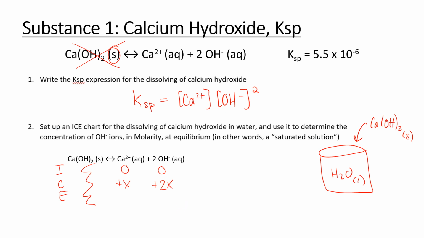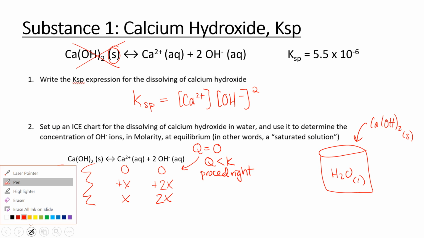And if you think about predicting the direction of change, notice how initially, if we calculate our Q value by plugging these 2 values into our K expression, our Q is 0, and that means Q is less than K, therefore the reaction is going to proceed right and make more products. So I know that this is going to be a positive value. And then equilibrium is initial plus the change. So there we go. And now I'm going to go back and plug that into my K expression.